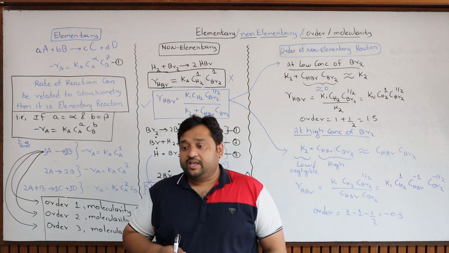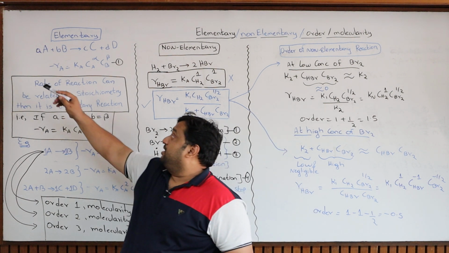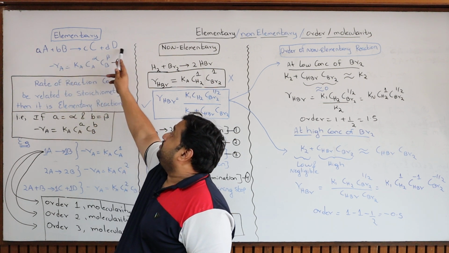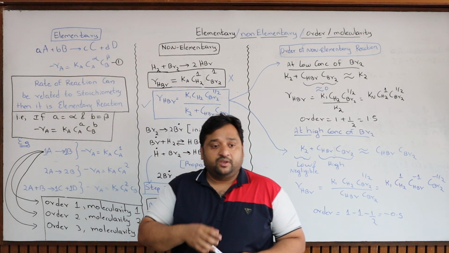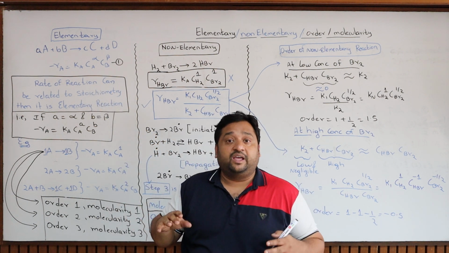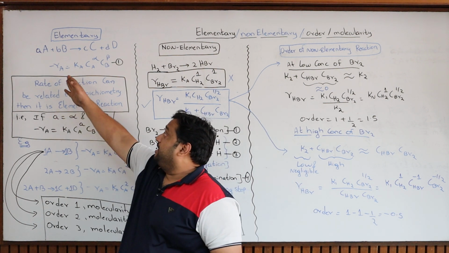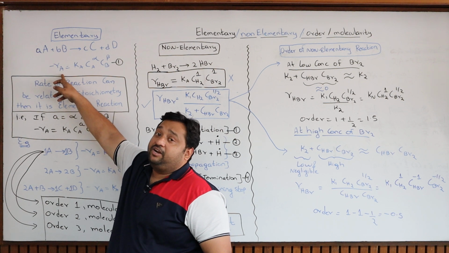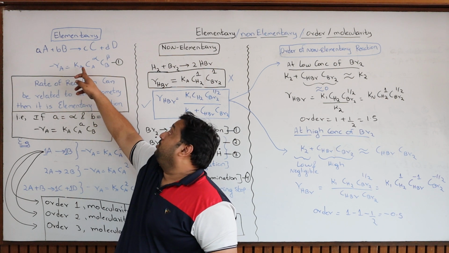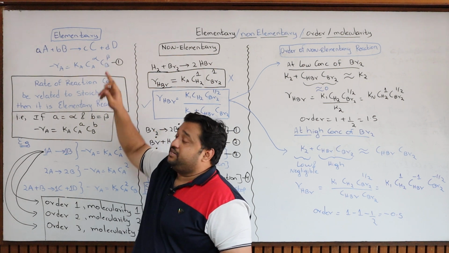When it comes to the elementary reaction, let us start our lecture. For example, a moles of A plus b moles of B gives rise to c moles of C plus d moles of D. And the rate of reaction, for elementary or non-elementary reactions, is generally represented by minus rA, the rate of reaction of A, which is nothing but the rate constant kA into concentration of A power alpha and concentration of B power beta.